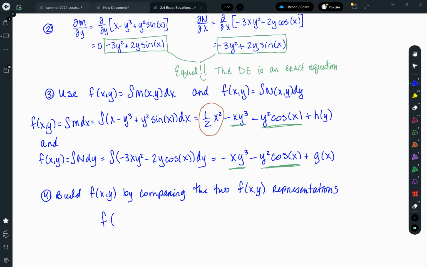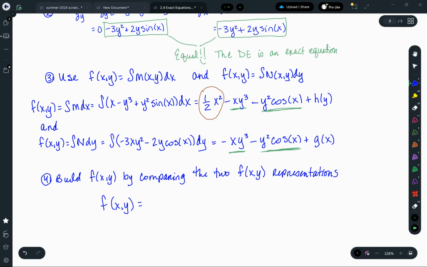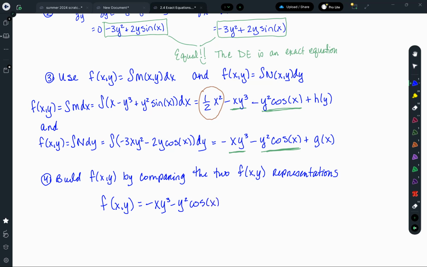So what we have is f of xy is each of the things that they share in common. So we just write each one once. So we just get minus xy cubed minus y squared cosine of x. And then anything that was unique to one of the expressions, that's got to be there too. So we get plus 1/2 x squared, and that's it.